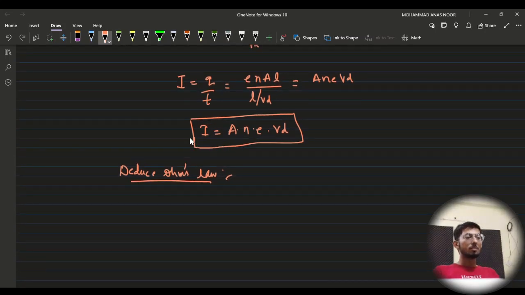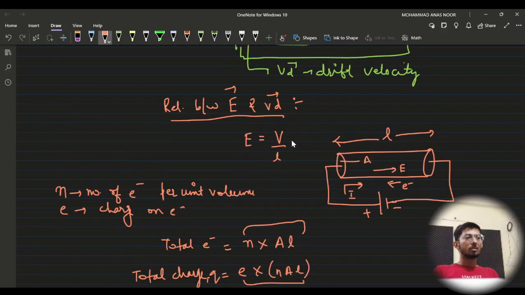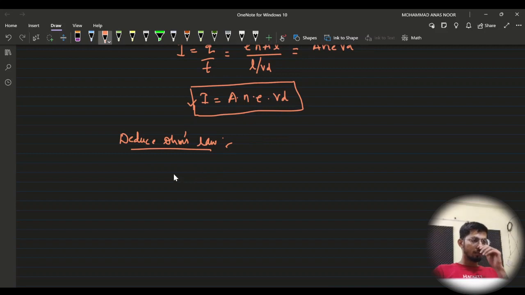This is the relation between I and VD, not e and VD. We can deduce Ohm's law from this, and we'll just directly write that R is equal to mL upon ne squared tau A.